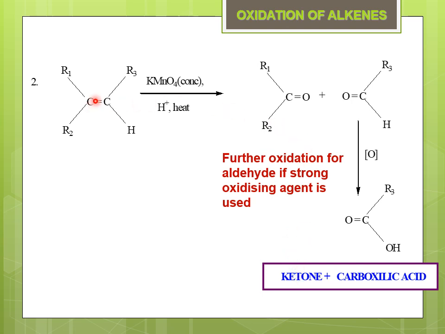And then the second product is the right part here. It only has 1 R and another one is H. So it's going to produce an aldehyde part over here, but since aldehyde is going to be oxidized further by potassium permanganate, it's going to produce carboxylic acid.